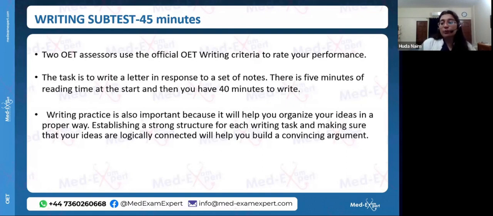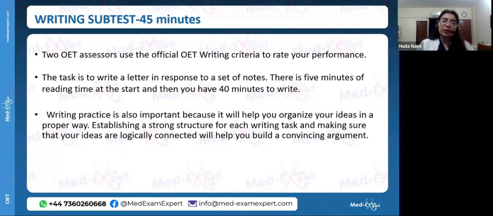Writing requires practice, and you have to continue writing at least 25 to 35 letters. If you think you're weak in English or in English writing, then you have to practice even more. It would be ideal if you get your letters assessed by a professional, because they will give you accurate feedback about where you're having problems and which mistakes you're making.